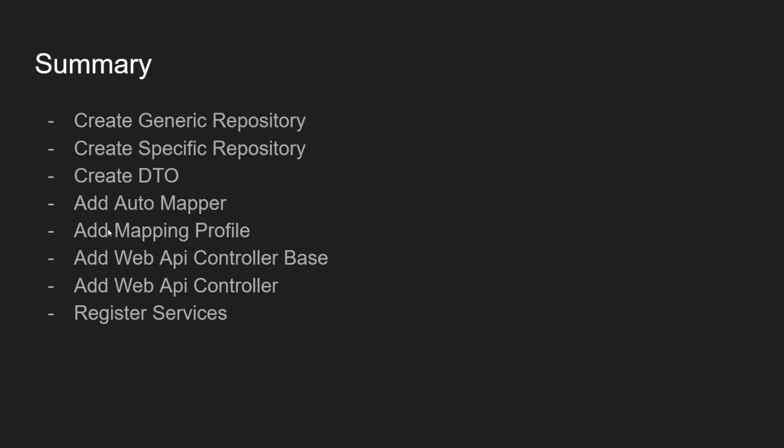And then we add mapping profile for each, and then we created the web API controller base, wherein we inherit this to our web API controller for the membership and the customer. Lastly, we registered necessary services.